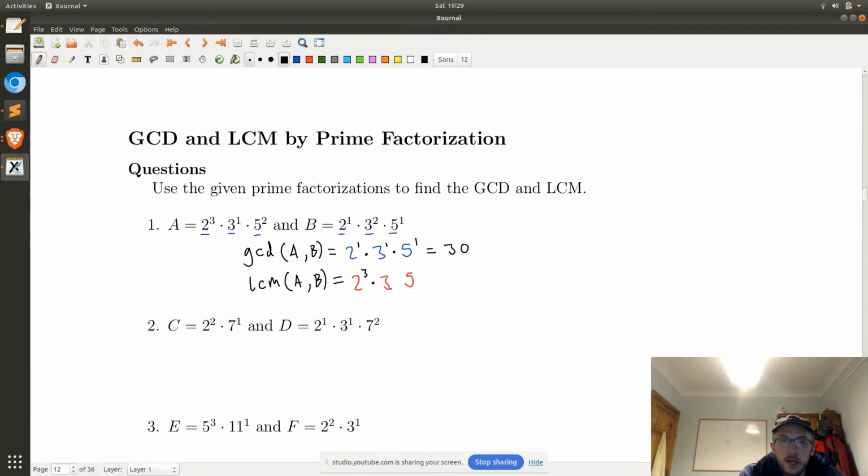Who's got the highest power of 3? That would be B. And its power of 3 is 2. Okay, who's got the highest power of 5? The answer is A. And what power of 5 is it? The answer is 2.